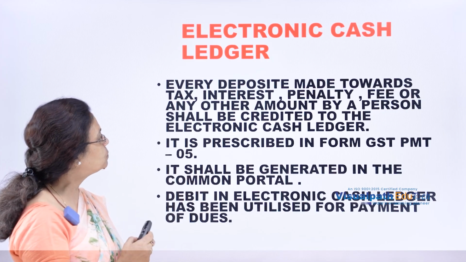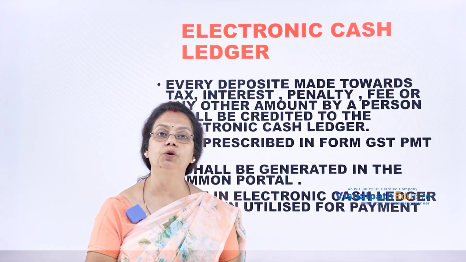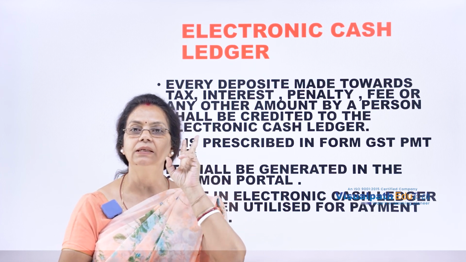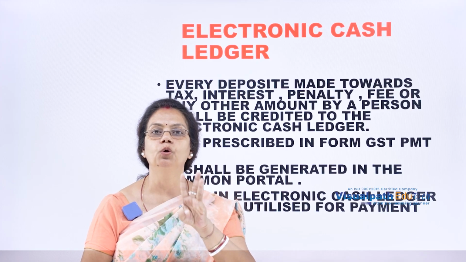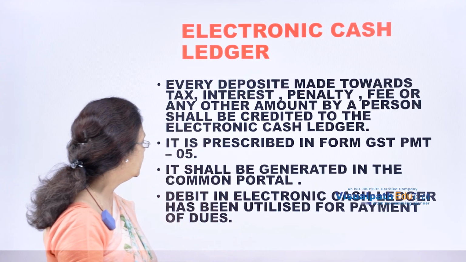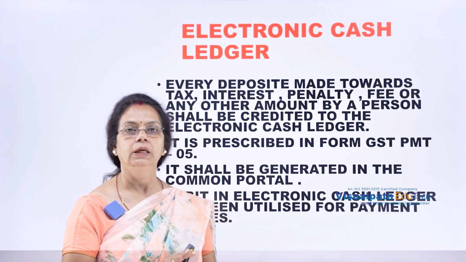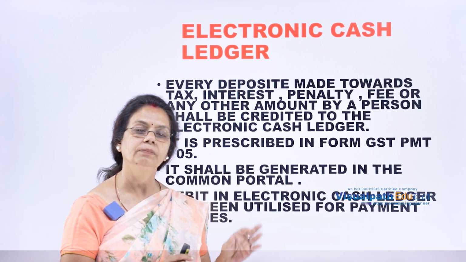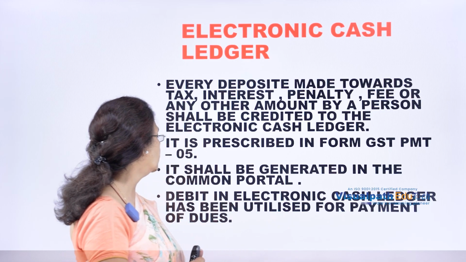Next, it is prescribed in the form GST PMT-05. First one was 01, second is 02, and third this is 05. It shall be generated in the common portal, and it will be uploaded in the common portal.